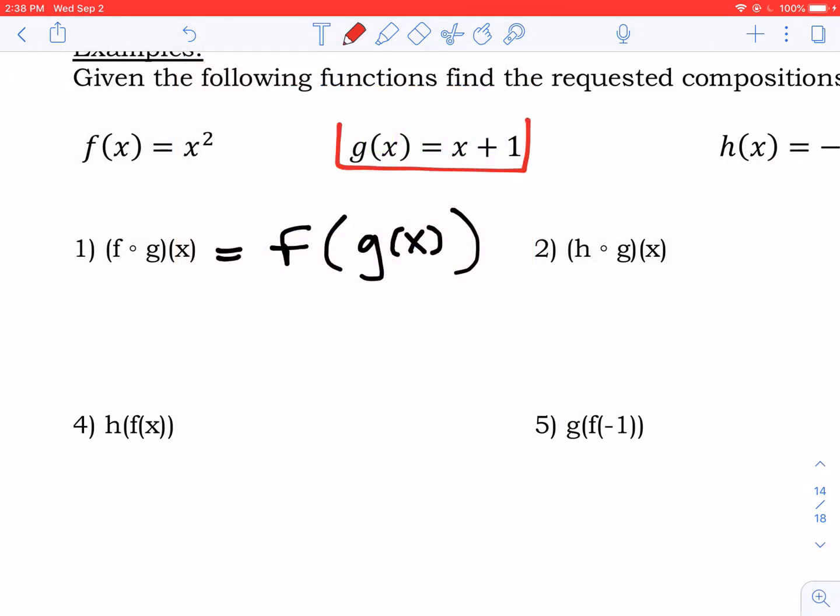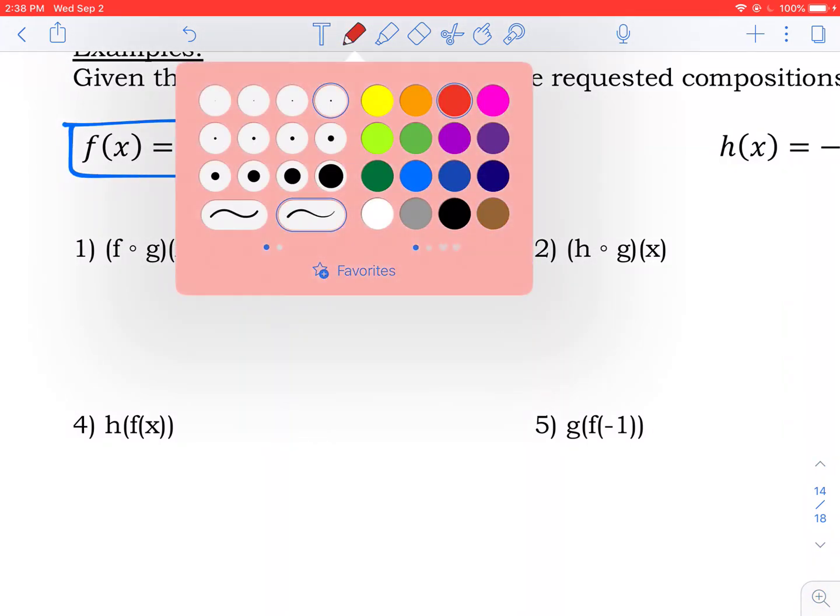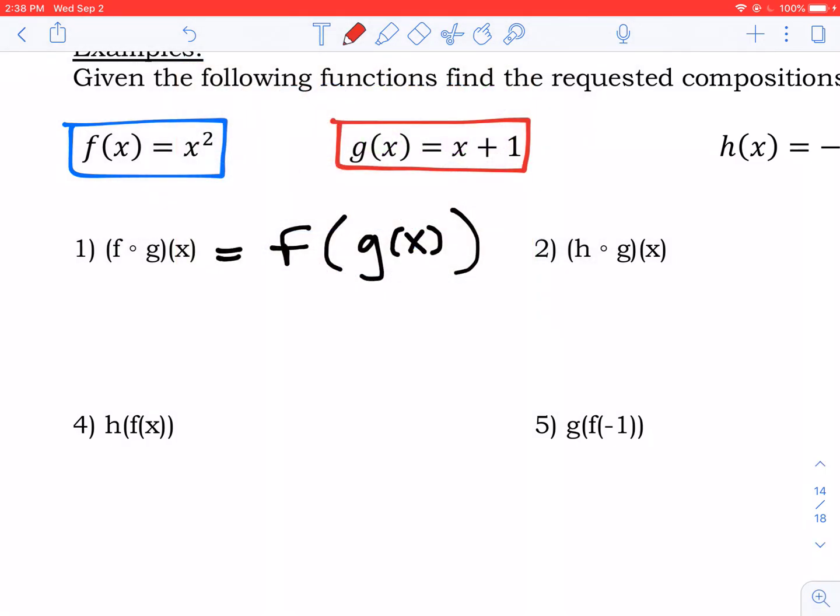Let's let g be the function here in red, and let's let f be the function here in blue. Then to find f of g of x is to find f of g of x, but g of x is just x plus 1.